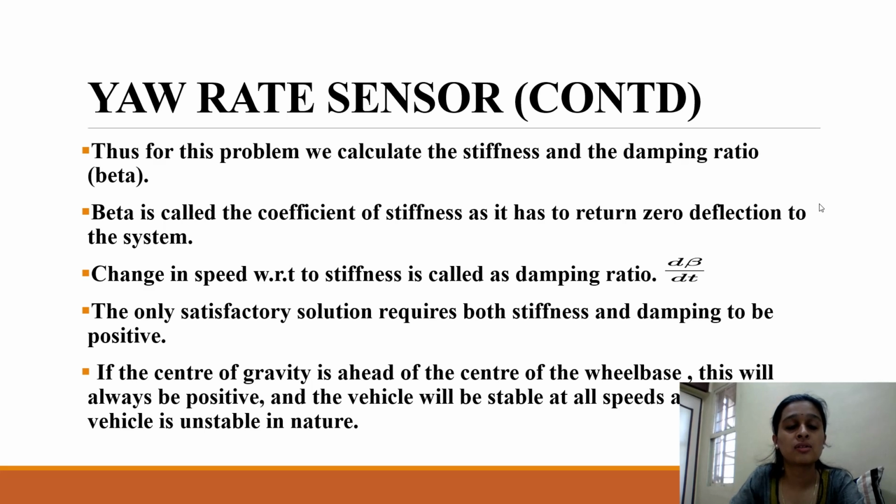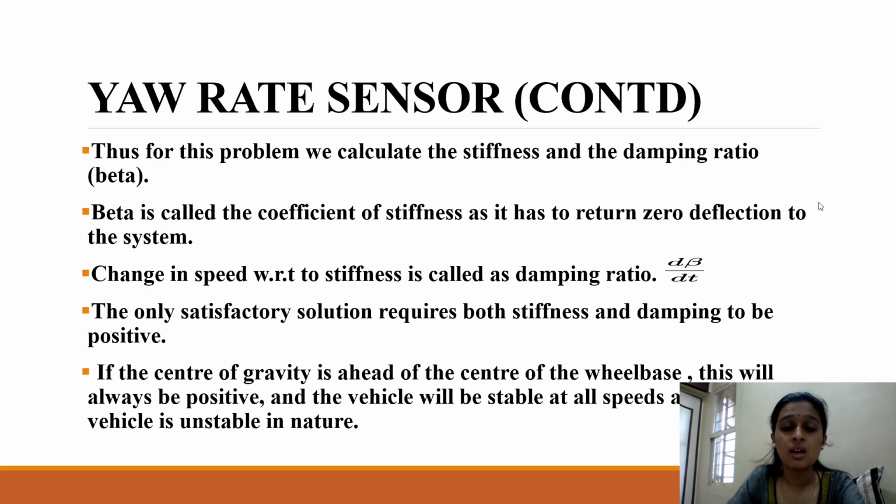To overcome this problem, we have to calculate the stiffness and the damping ratio. Basically, beta is called the coefficient of stiffness. And why is it used? Because this beta factor has to return zero deflection to the system, which means theta and psi must be equal.